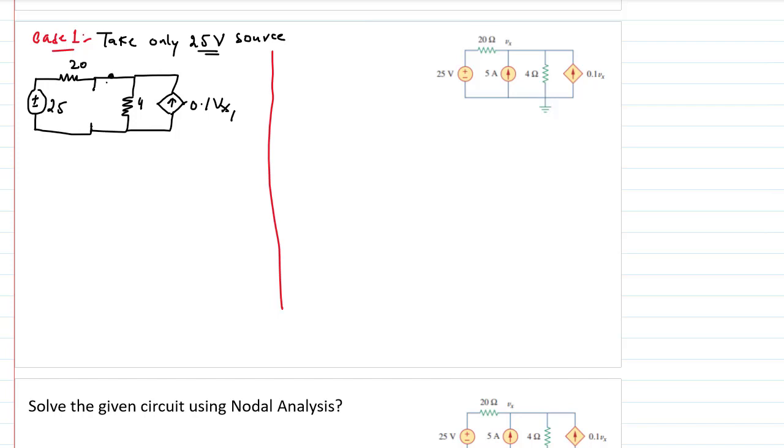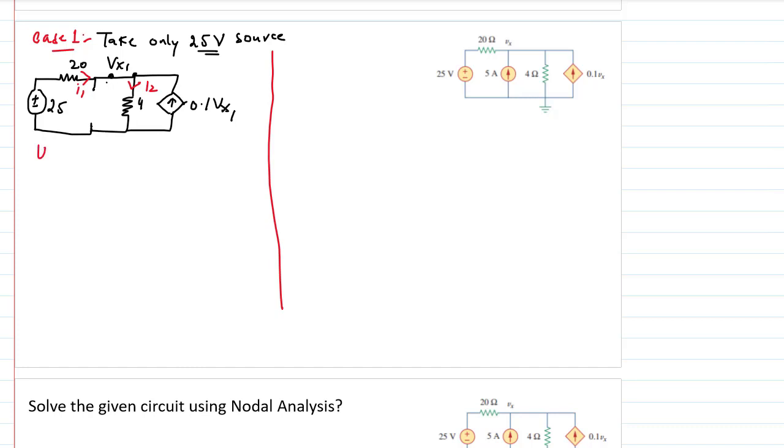So this voltage is Vx1, and this is a single node. Now you can use any of the methods. Let's use the concept of nodal analysis. This is the current that is moving in this branch, the 20 ohm resistor, and we can assume this as one more current. Let this be I1, let this be I2.